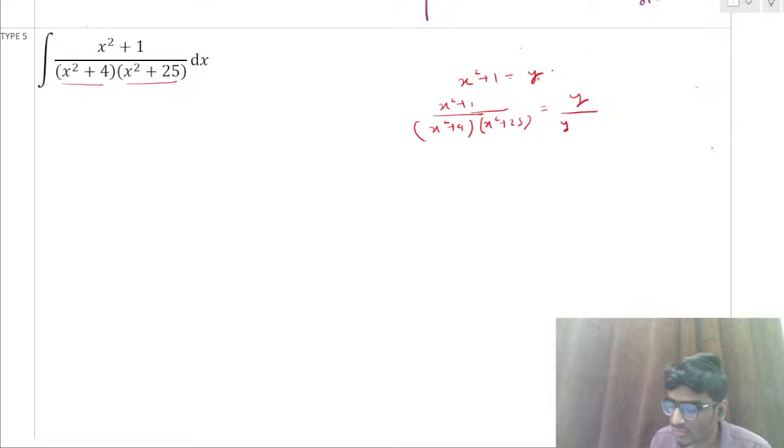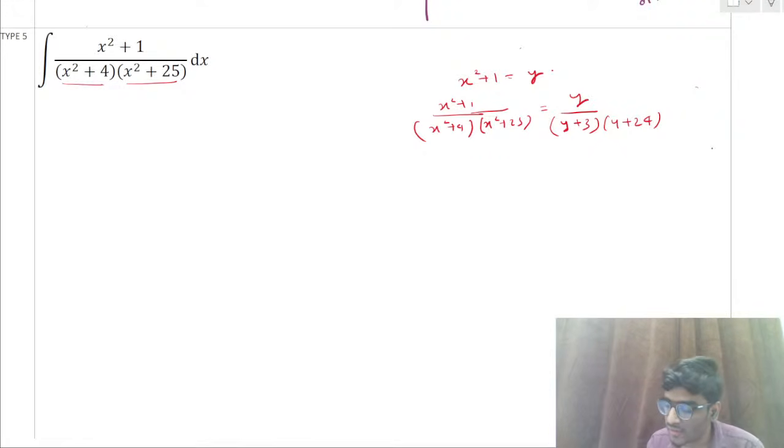Since x square plus 1 is y, x square plus 4 will become y plus 3, and x square plus 25 will become y plus 24. Can we write it like this? Yes, we can write like this.